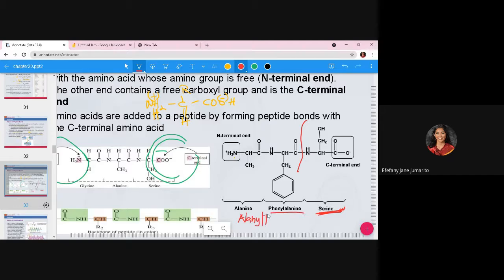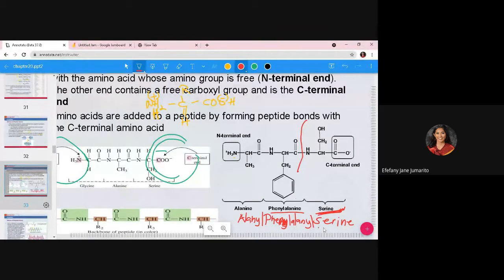Then what will happen to phenylalanine? What will be the name? Phenylalanyl. Okay, phenylalanine becomes phenylalanyl, then serine.